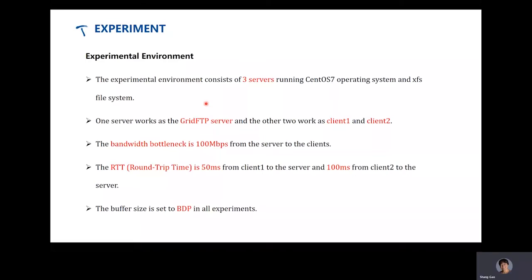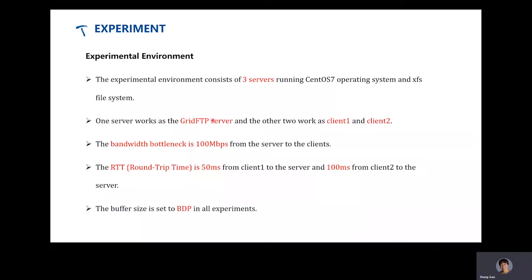Based on the proposed data structure and the algorithms, we implemented them and then conducted the experiments in this environment. In the experiment, we built 3 servers, all of them running the CentOS 7 operating system and XFS file system.